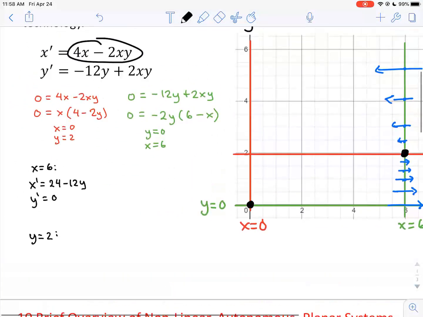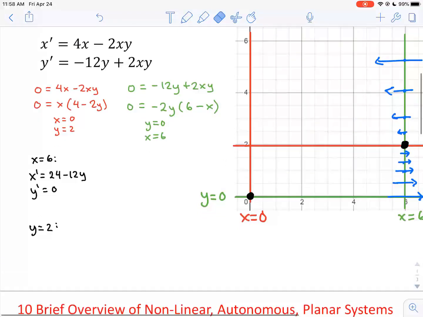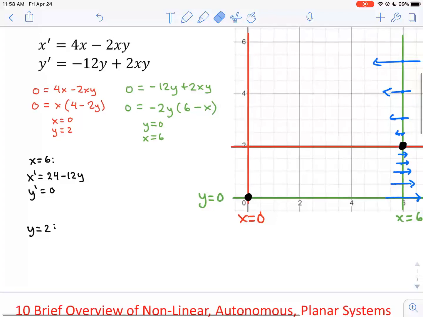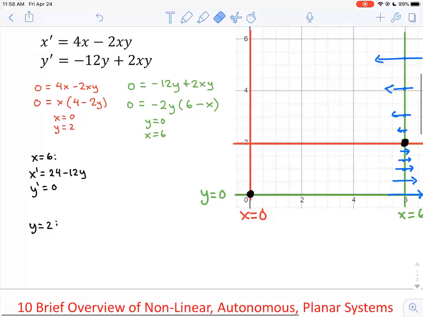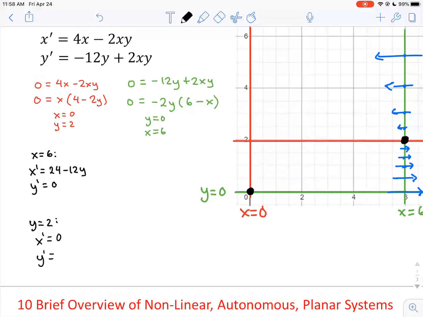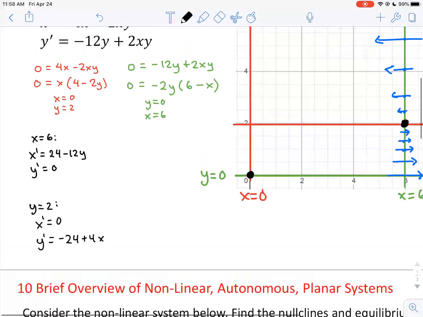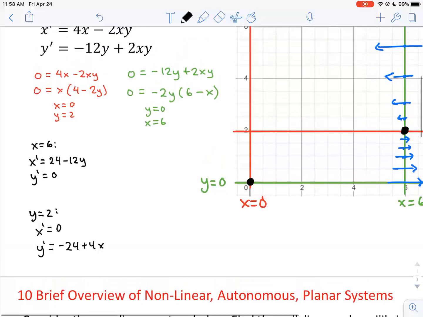If y equals 2, plug 2 into both equations up here, and we're going to get x prime is 0, because y equals 2 is part of the x nullcline. And we'll get y prime equals, plug in y equals 2, we get negative 24 plus 4x.